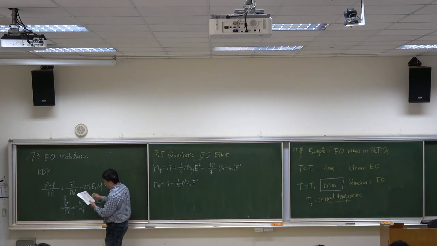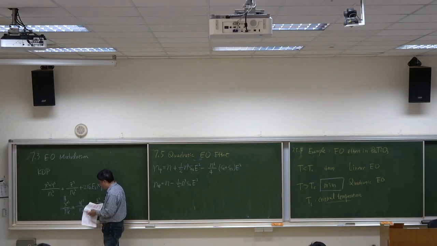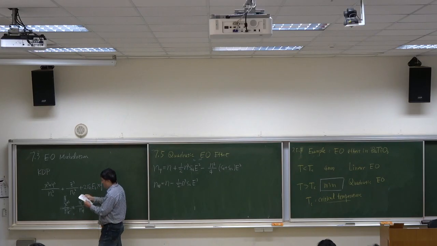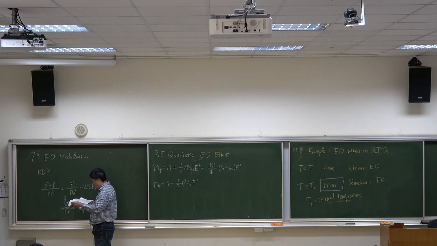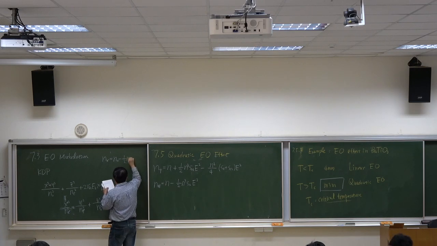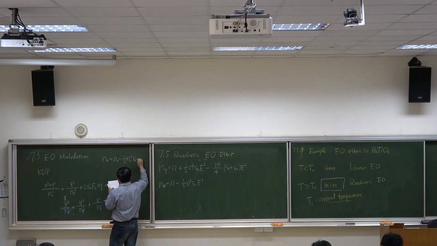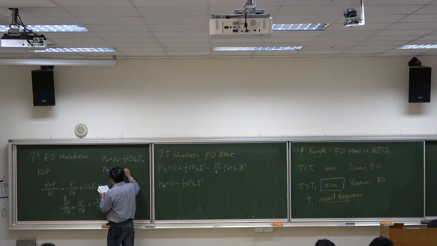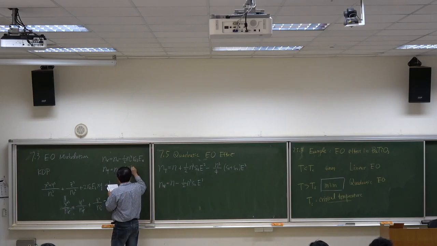Okay, and then the difference: the nx prime is given by no minus 1/2 no cubed r63 Ez, and the ny prime is equal to no plus 1/2 no cubed r63 Ez.